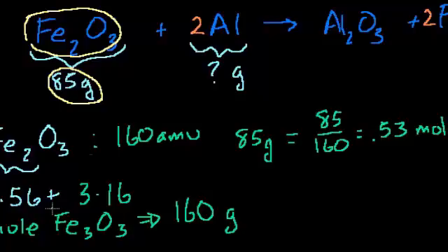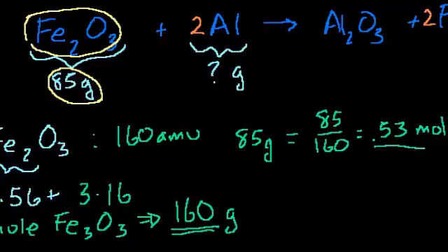So everything we've done so far, we figured out how many moles 85 grams of iron 3 oxide is. It's 0.53 moles, because a full mole would have been 160 grams, but we only have 85.